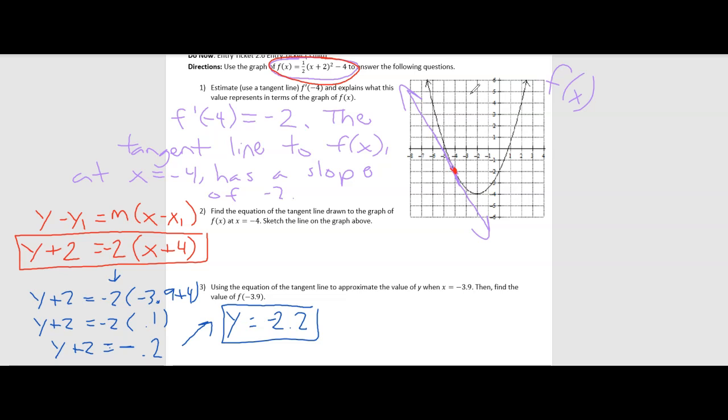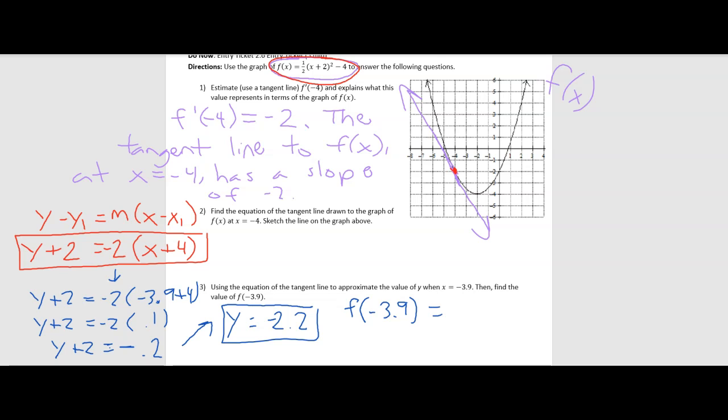Now they want me to find the actual value using my function. So f of negative 3.9. And you can just pause the video, punch this into your calculator to figure this out. I'm not going to work through all the algebra, nor would they expect you to here on an AP exam.